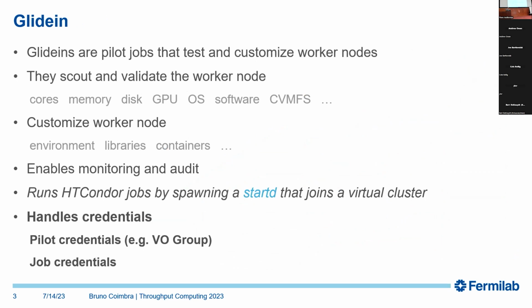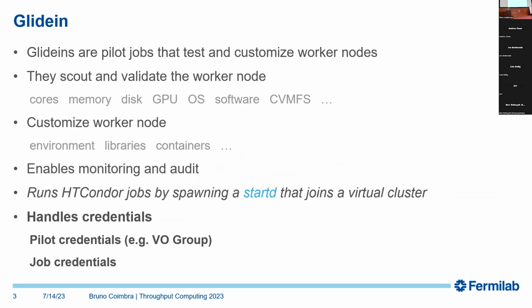So Glideins are our so-called pilots. What they do is that they land on worker nodes and they do some validation. They will check cores, memory, disk, among other resources. They will do some work to customize the worker node. They will set specific environment variables, install libraries, maybe deploy containers.